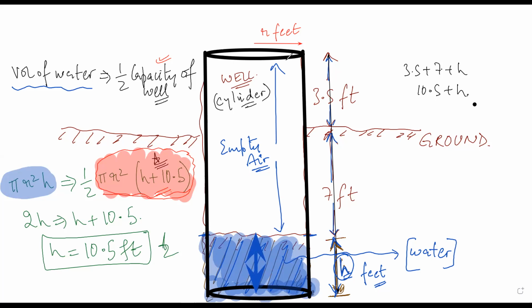Then when we want to solve this, this pi r square would cancel. This 2 will come on the left side. So this will become 2h is equal to h plus 10.5. Therefore, h would be equal to 10.5 feet. So the answer should be equal to 10.5 feet.